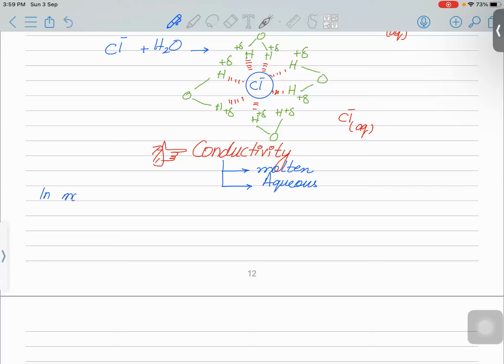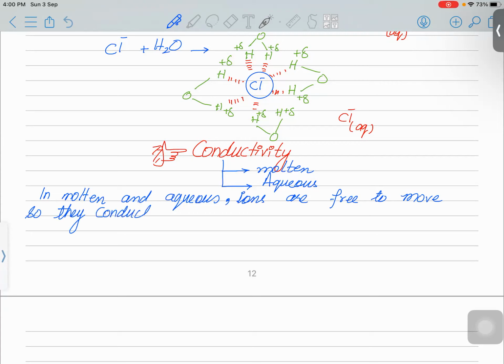So in molten and aqueous, ions are free to move, so they conduct electricity.